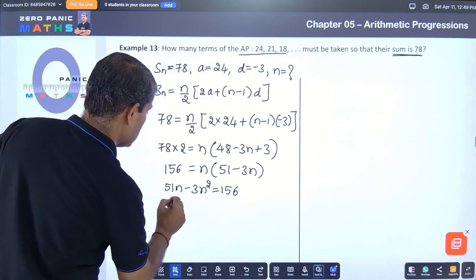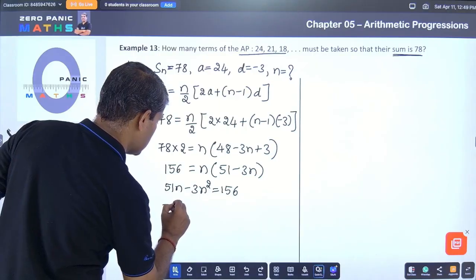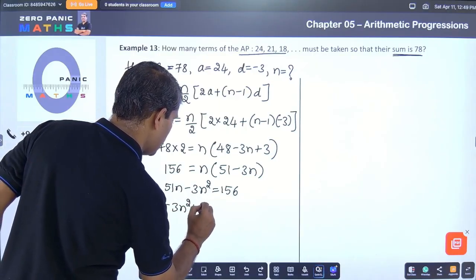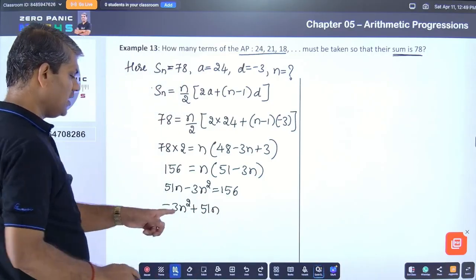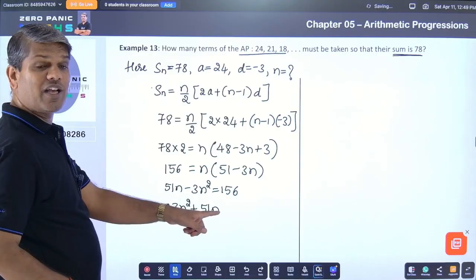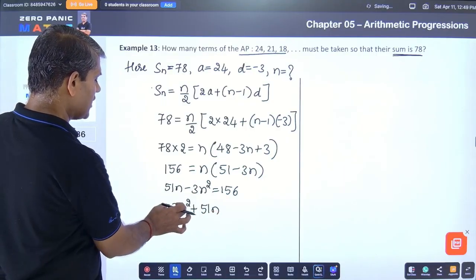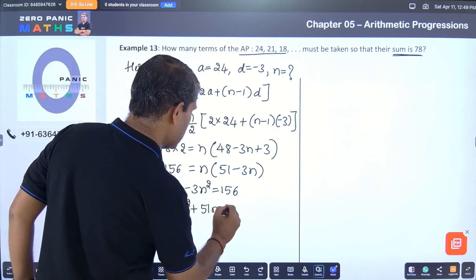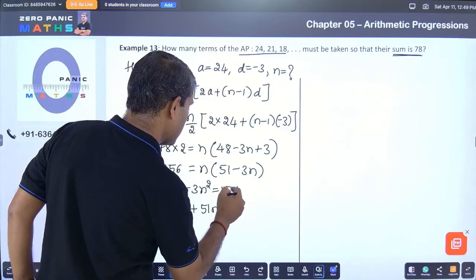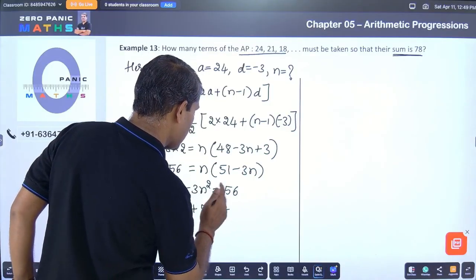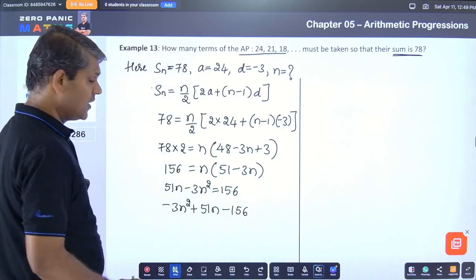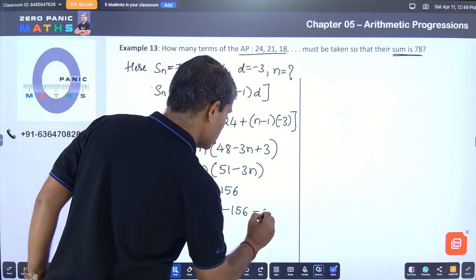Now it is going to be a quadratic equation. I'm writing it in the form of ax square plus bx plus c. Writing the n square term first, 3n square, and then plus 51n, and then this 156, I'm taking it to the left side to make it minus 156, is equal to 0.